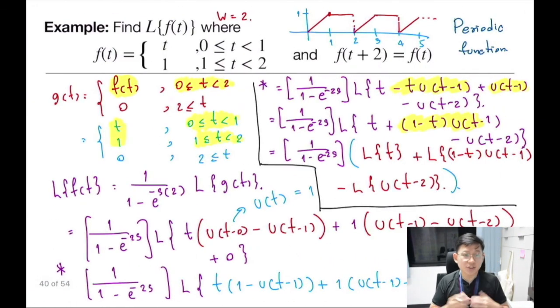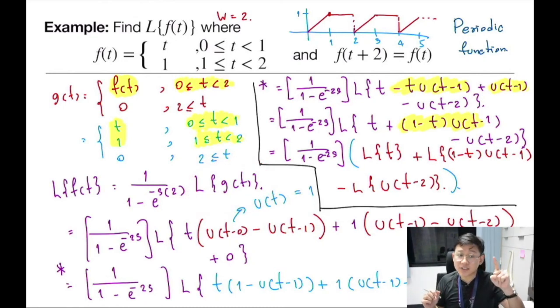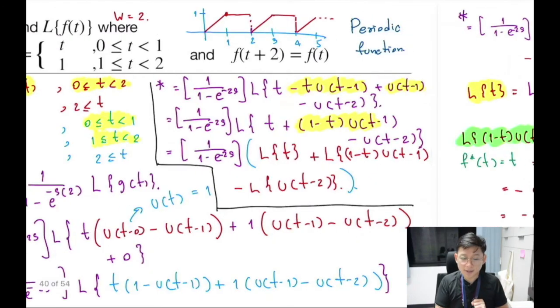Instead of integrating 0 to w and so on, we just need to find the Laplace transform of g. But g is the step function, right? So we can write it in terms of u. Then we use the technique that we used in the previous video to find the Laplace transform of g. Very simple.